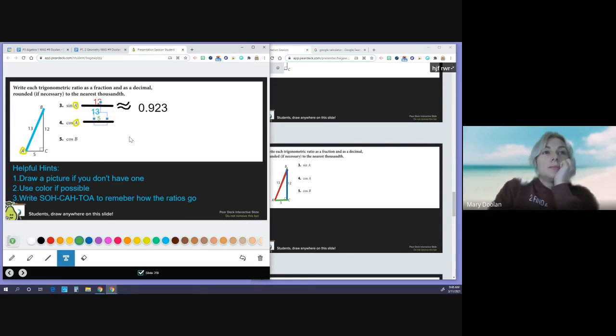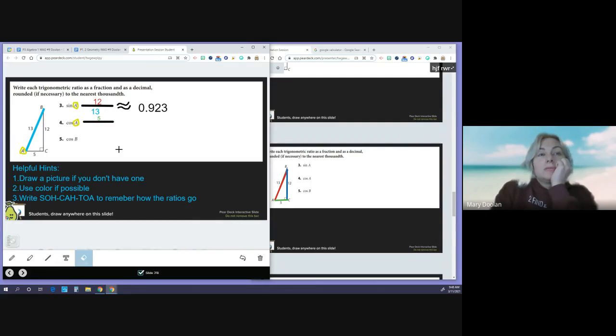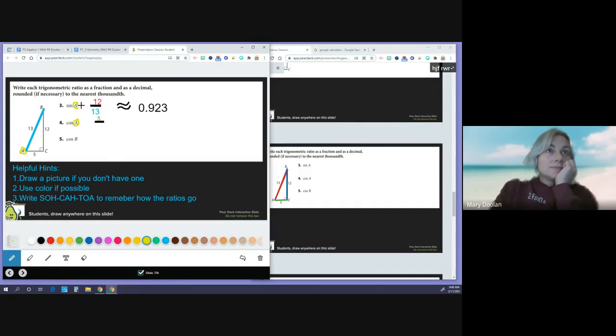My fraction is huge. I don't know why I made my fraction so big, but look at that. Giant fractions for some reason. The denominator for cosine, CAH, H is always the hypotenuse, so that's 13.